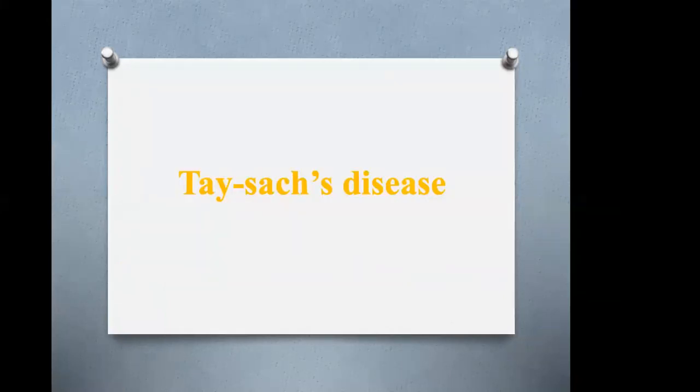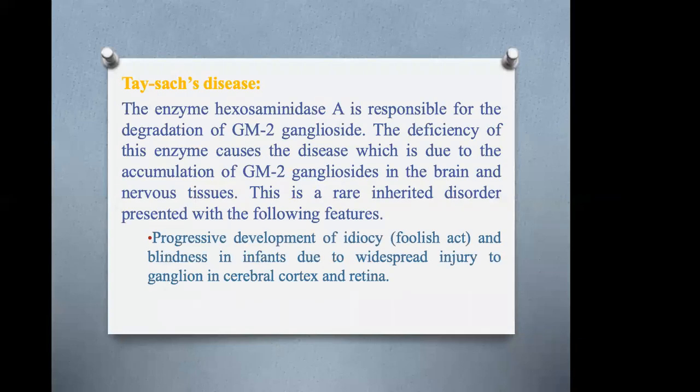Now, the other disease which is important regarding lipids is Tay-Sachs disease. In Tay-Sachs disease, the enzyme which is deficient is hexosaminidase A. Just remember this enzyme. The deficient enzyme is hexosaminidase, and it leads to Tay-Sachs disease. This enzyme is responsible for the degradation of GM2 gangliosides.